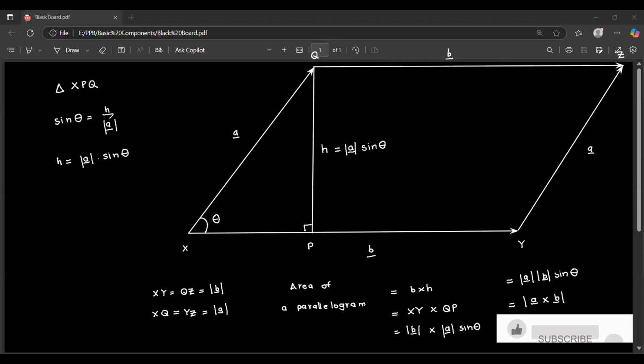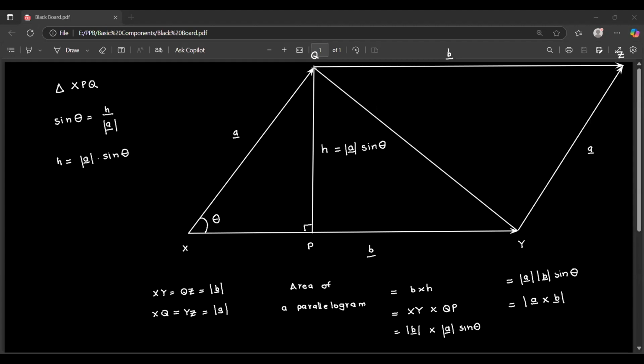How can we find the area of a triangle? The triangle that is created by connecting the diagonals, this triangle XYQ, will be half of parallelogram XYZQ because the triangle lies between the same pair of parallel lines.